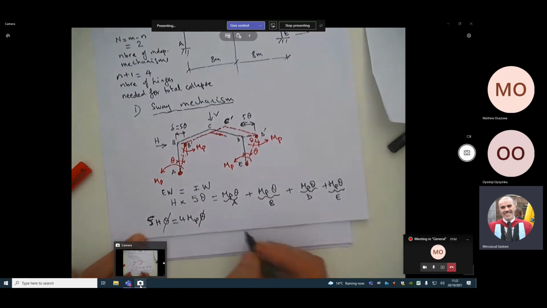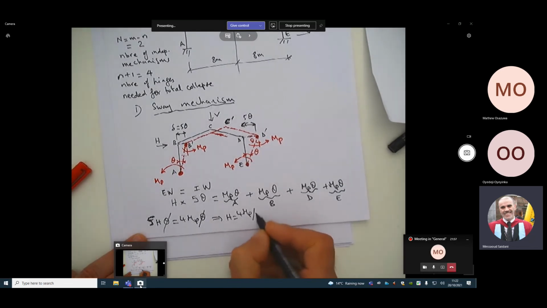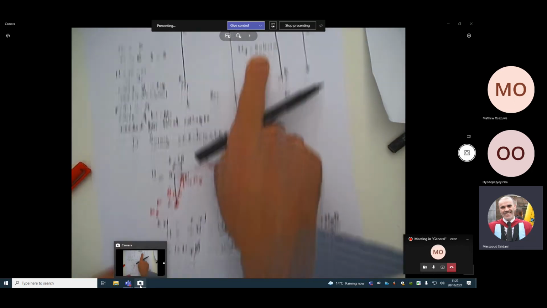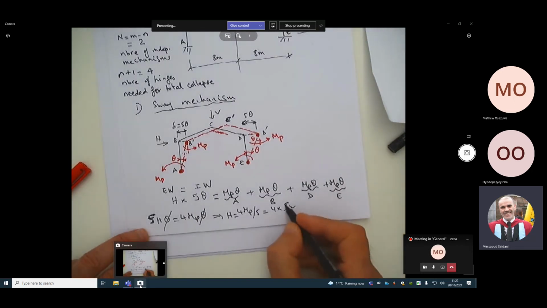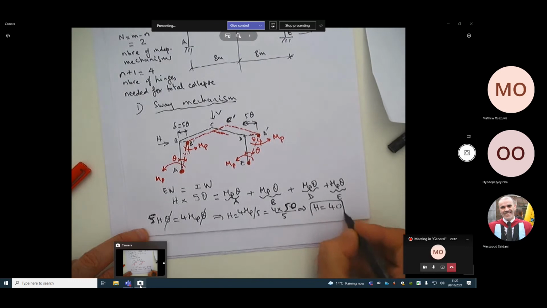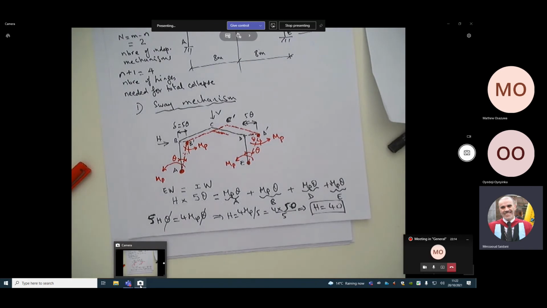Theta and theta cancel, so H is 4 MP over 5. MP is given as 50, so we substitute 50, divided by 5, which gives 40. So the sway mechanism gives us H equals 40. A horizontal force of 40 will give us a sway mechanism regardless of the value of V.